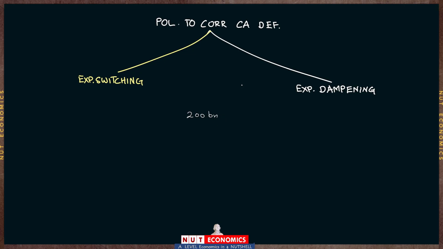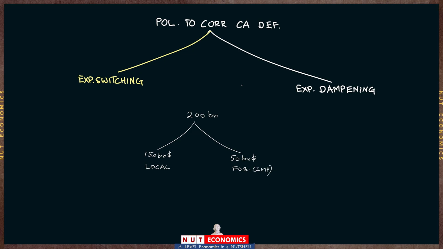Let's assume that $150 billion of this total is spent on local Pakistani products. I'm just making up numbers over here. And $50 billion is spent by Pakistanis on foreign products, on imports.